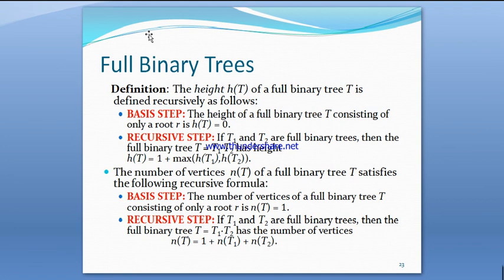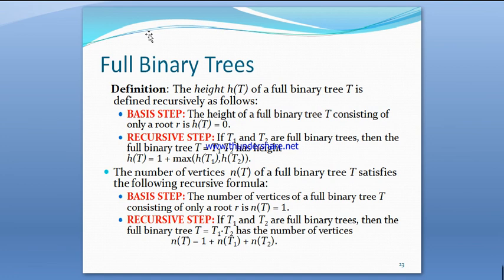Suppose the height h(t) of a full binary tree is defined recursively as follows: the height of the full binary tree consisting of only a root r is 0, and the recursive rule is that if t1 and t2 are full binary trees, then the full binary tree t = t1 dot t2 has height h(t) equal to 1 plus the maximum of h(t1) and h(t2).